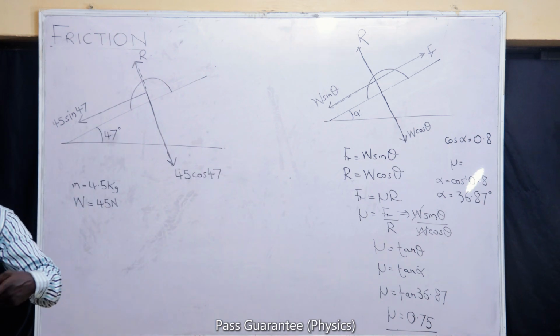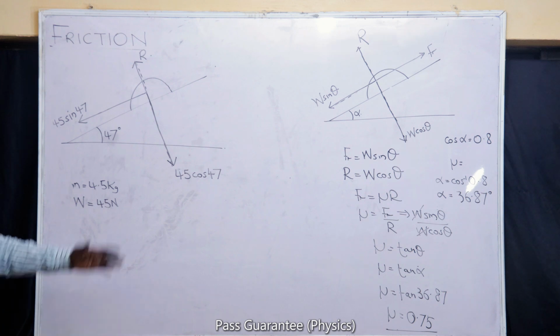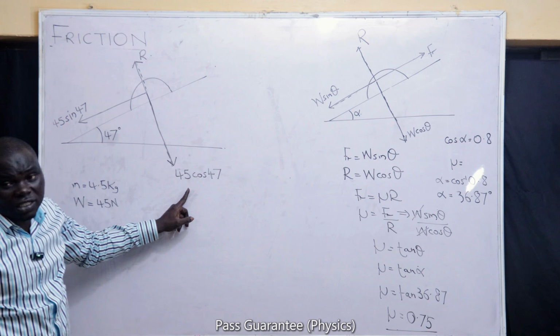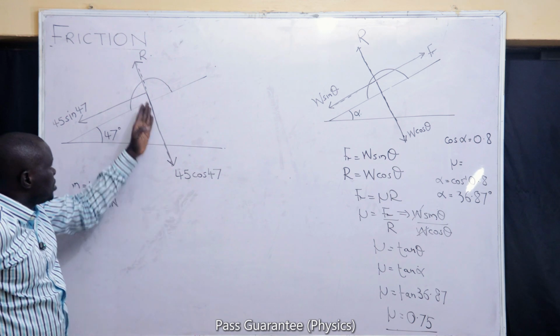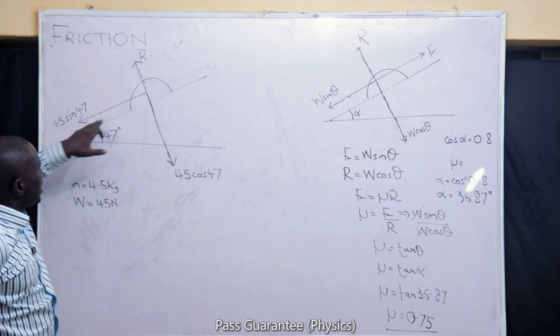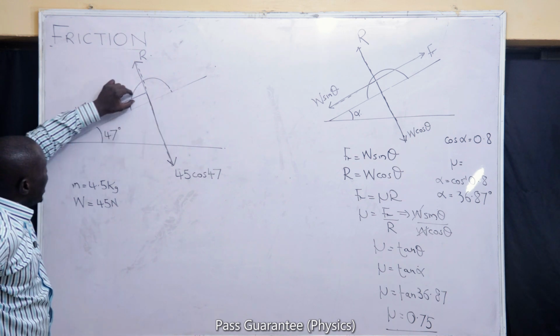That is why instead of friction, they are now asking for a force that is parallel to the plane, which is enough to prevent the body from sliding down. Normally, this object will slide down. It will not go up because there's a 45 cos 47 that is downward. It will not come down because there's an R that is upward. But it will move in this direction. Normally, if the surface is smooth and there's no friction, this force has not been balanced.